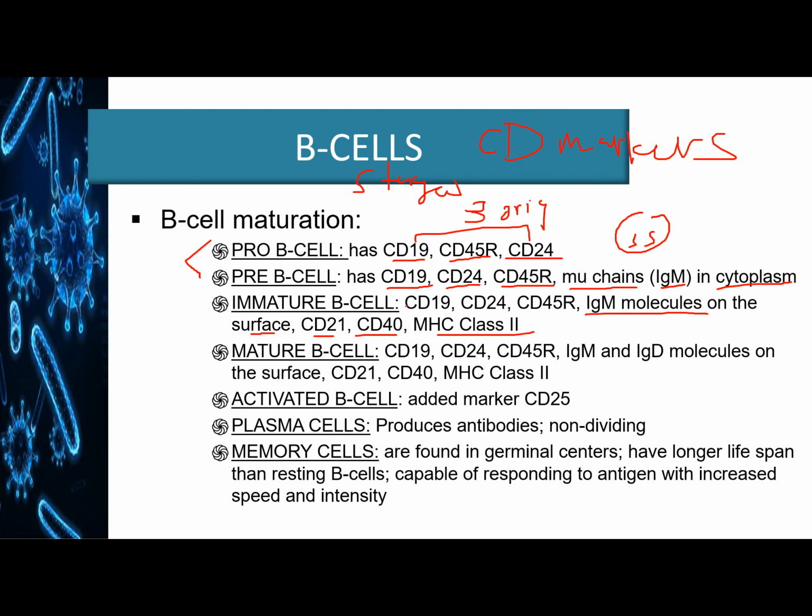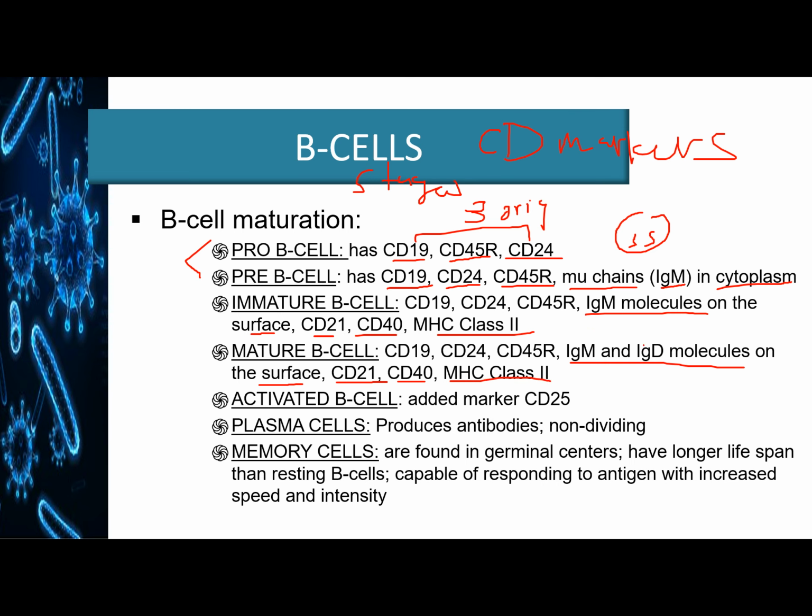Now, once they become an immature B cell, same markers pa din, 19, 24, 45R, but this time, meron na siyang IgM molecules sa surface niya. Then additional markers, CD21, CD40, and MHC class 2. Once it becomes a mature B cell, it would have your CD19, CD24, CD45R, IgM, and IgD molecules on the surface, CD21, 40, and MHC class 2.